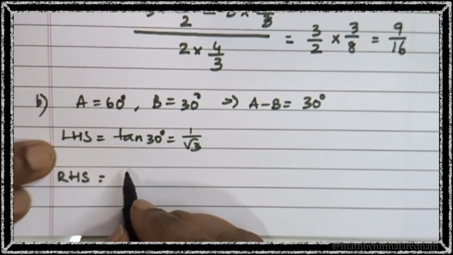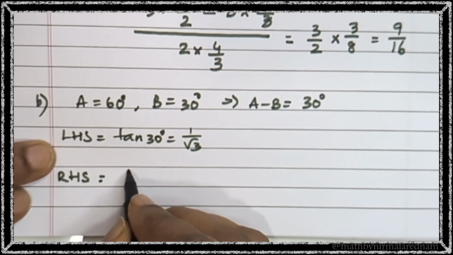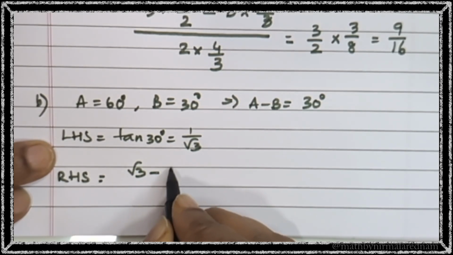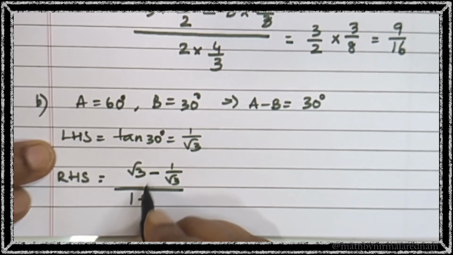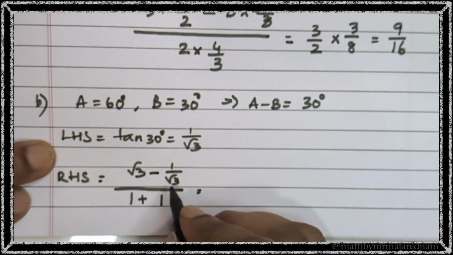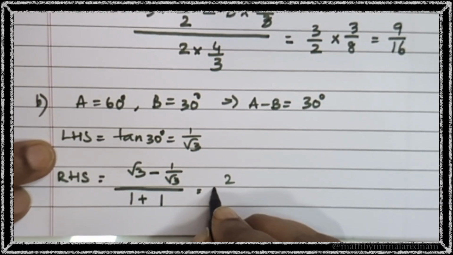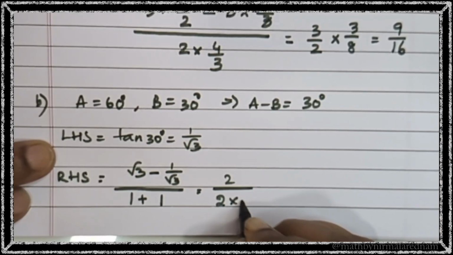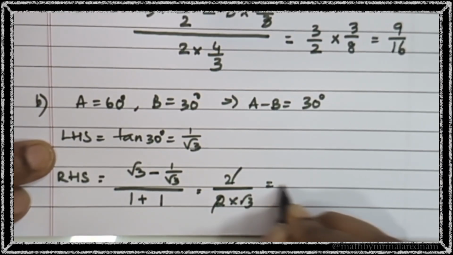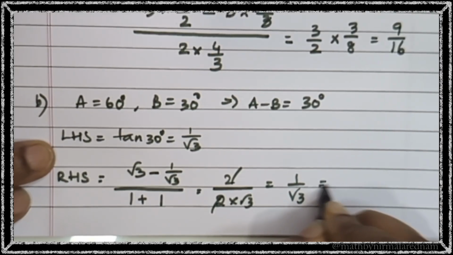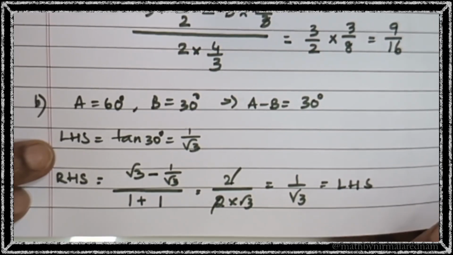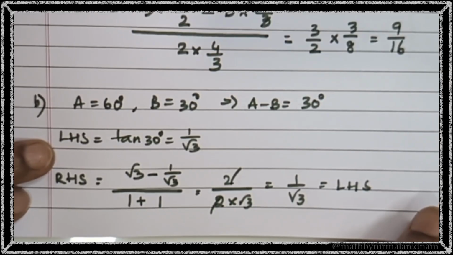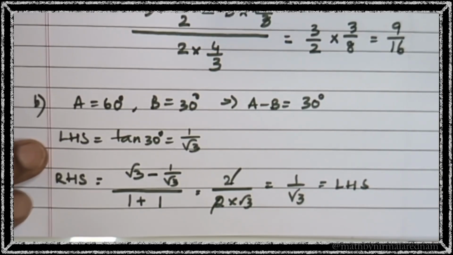RHS is tan A, which is tan 60, root 3, minus tan B, 1 by root 3, by 1 plus tan A into tan B, which is 1, right? So this will give you 3 minus 1, 2, by root 3, right? So this is again 1 by root 3, which is nothing but LHS. Therefore, we have verified that tan (A minus B) is indeed (tan A minus tan B) by (1 plus tan A tan B). That is the 23rd question.